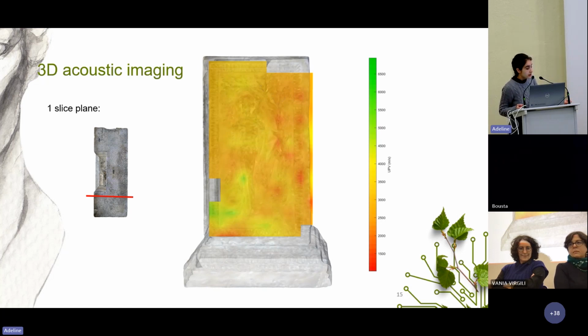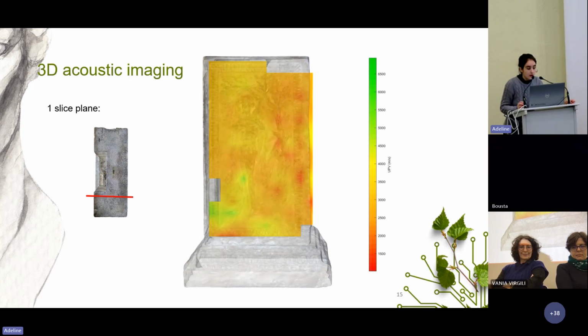What can be noticed is that the velocity values at the back of the altar, so on the right side, are lower than the ones at the front of the altar. This pattern is found on most slices in the lateral parts of the altar. So in this part, the back could be generally weaker than the front of the altar.